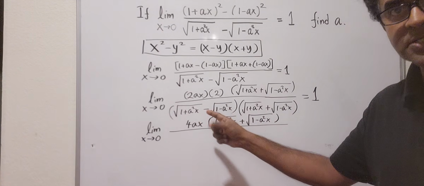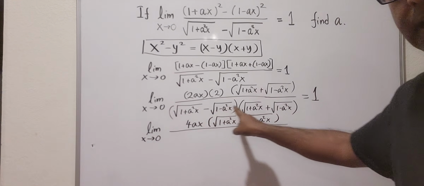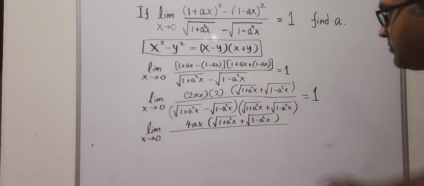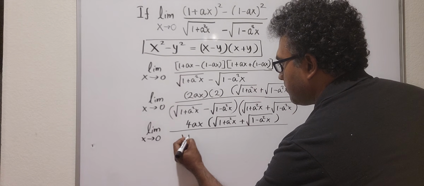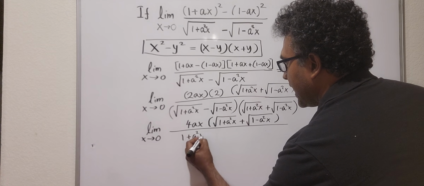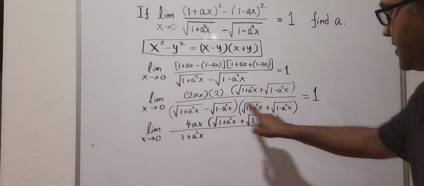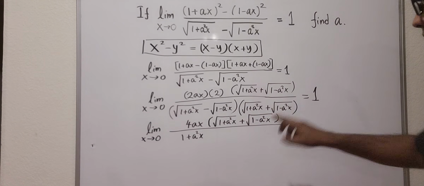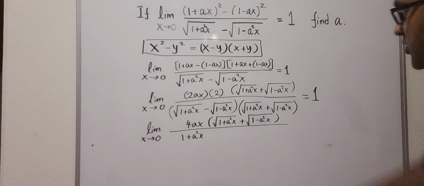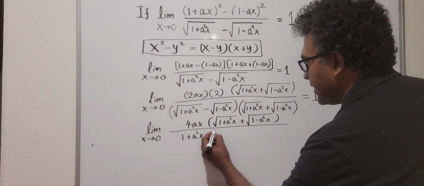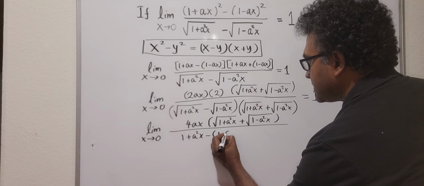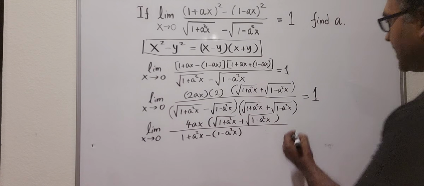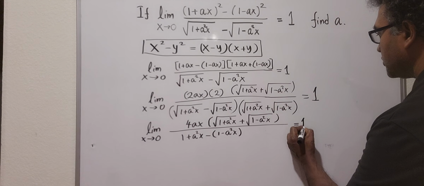Now I'm going to simplify the denominator. Multiplying this with this, I'm just going to get 1 plus a squared x, and then these two terms will cancel out. And finally, I'll get a minus sign, and then 1 minus a squared x. And this entire thing is still equal to 1.